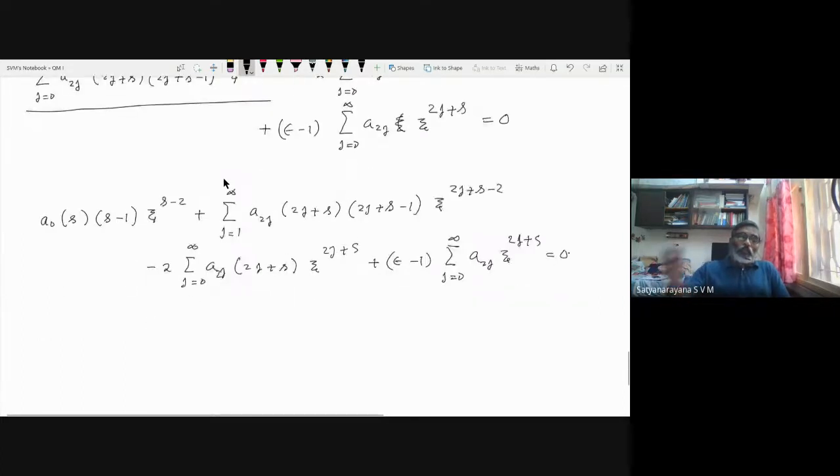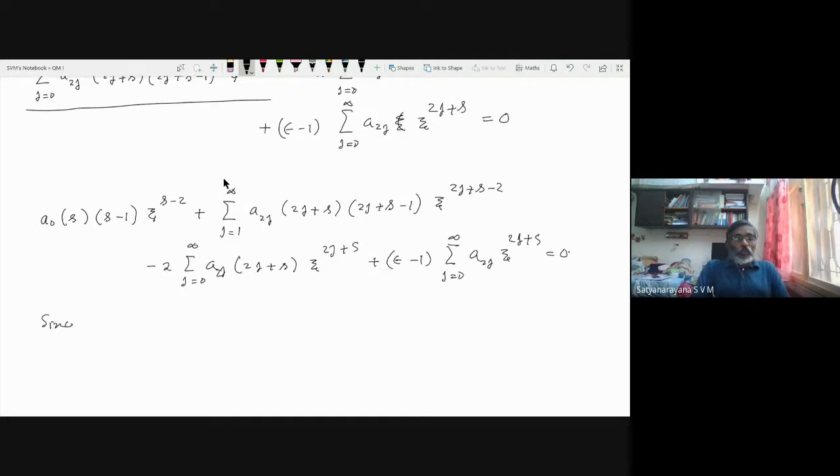Now, since the coefficient of every power of xi should vanish, and we should not have a naught equal to 0.